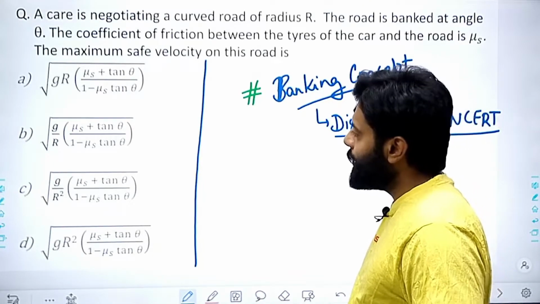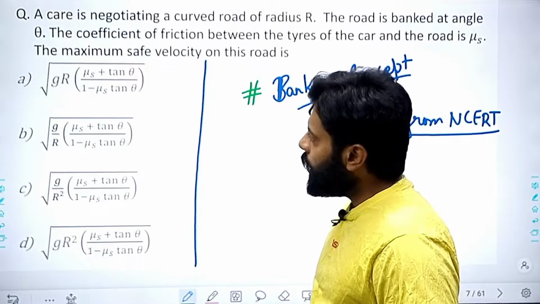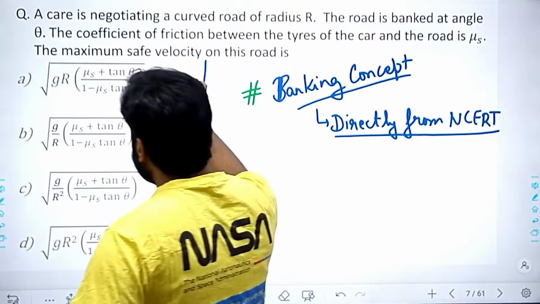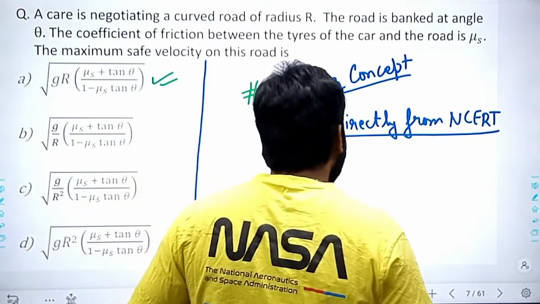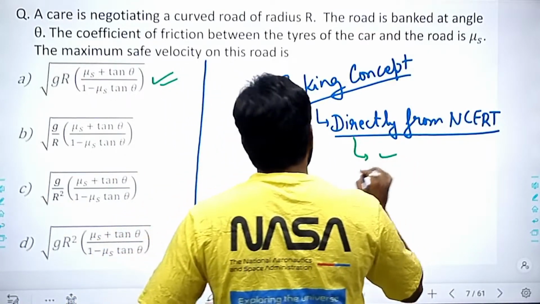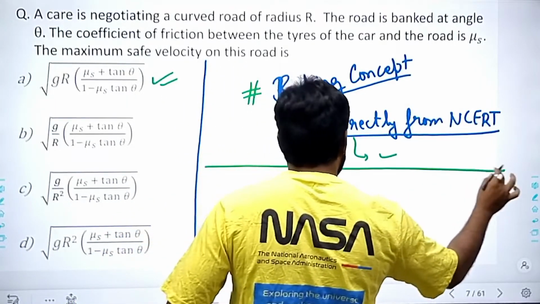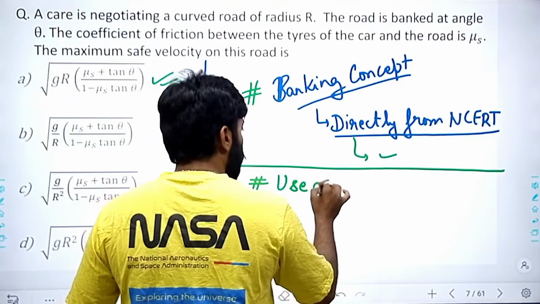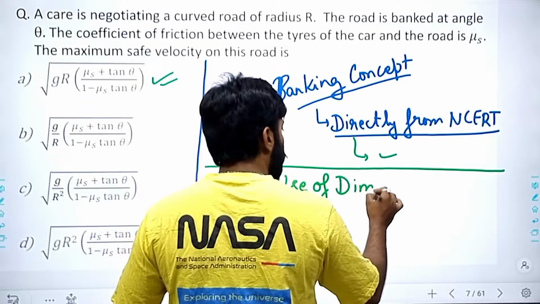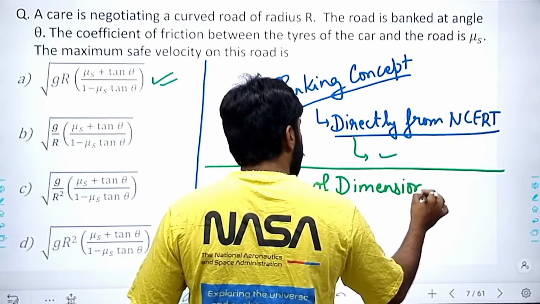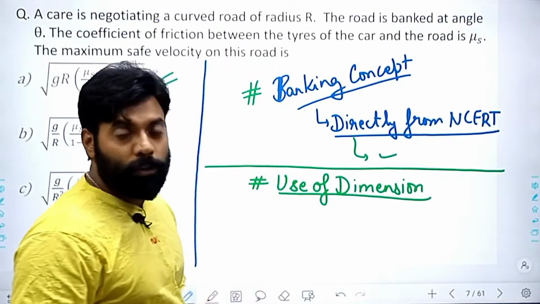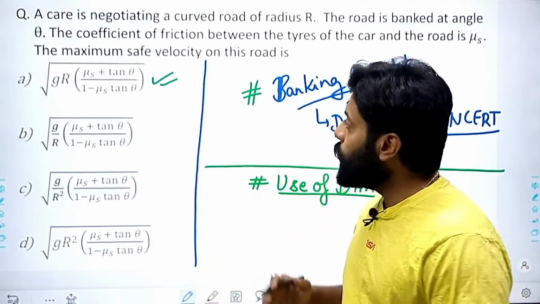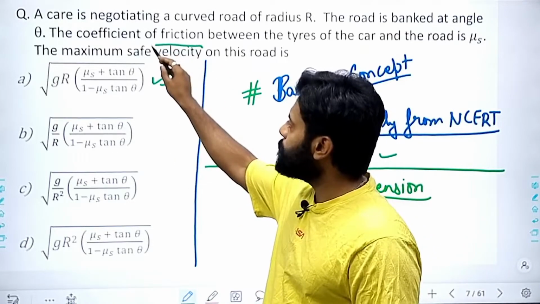Even by knowing the dimension, I can mark this directly if I know the concept, right? And the other thing, if I know the dimensions, I can also use the concept of dimensions. As you know, you have to find out the velocity.